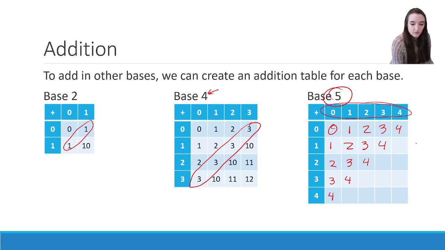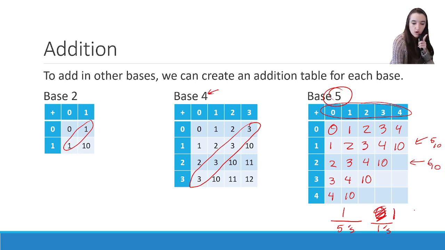So once we get to 5, all of these numbers should be 5 in base 10: 4 plus 1, 2 plus 3, those should be 5. How do we write that in base 5? It's how many 5's and how many 1's? Well, 5 is 1 five with nothing left over, so this will be 10 in base 5. Next we have the 6's. 6 in base 10 is 1 five, and 1 is left over, so this will be 11.